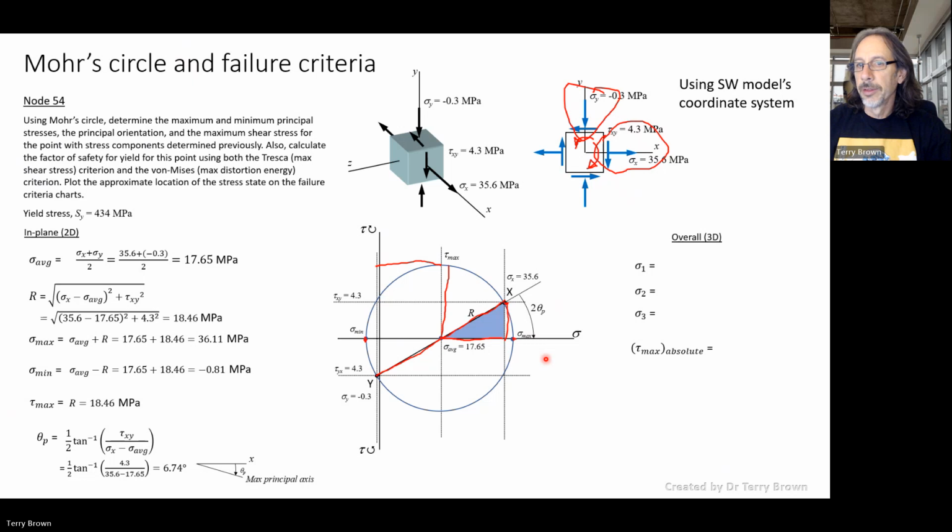So that's in 2 dimensions. We can do the same thing to rotate here to get to the maximum shear stress orientation. And if we do that, what do you see that we get for the normal stresses in that orientation?